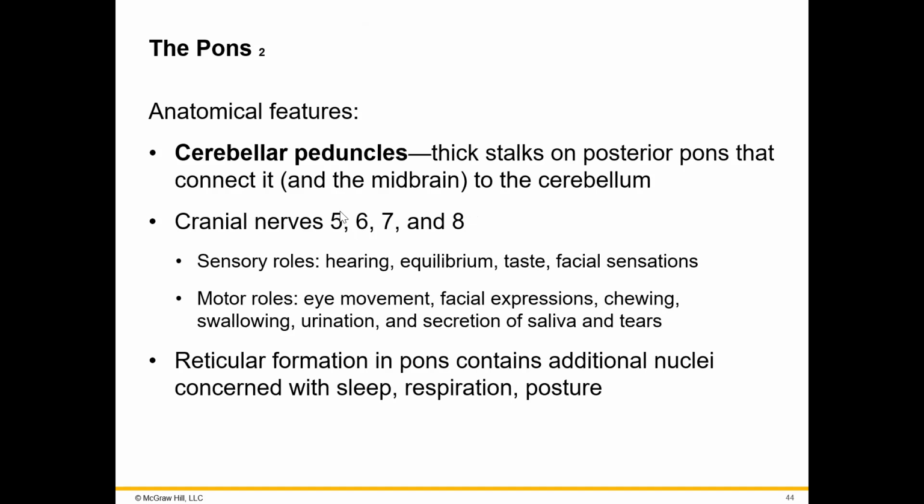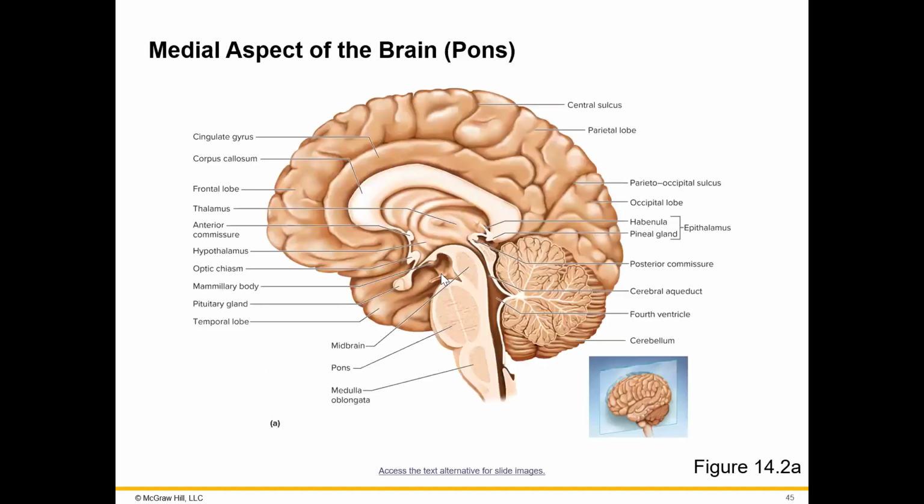There are cranial nerves number 5, 6, 7, and 8. And there's a reticular formation in the pons that contains additional nuclei concerned with sleep, respiration, and posture.